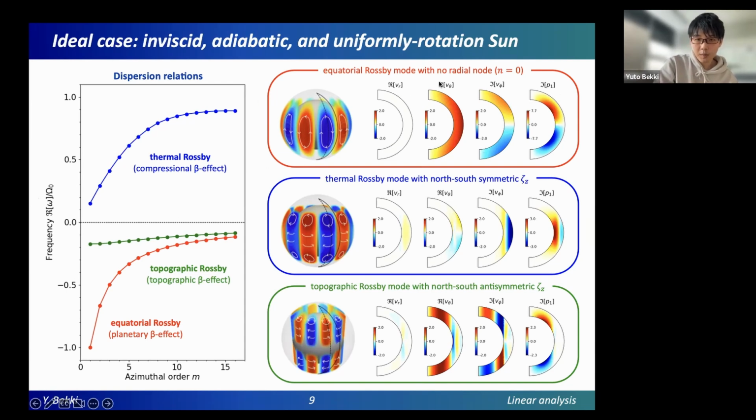So the equatorial Rossby modes with no radial node, the n equals 0 mode, are denoted by red, the thermal Rossby modes by blue, and the topographic Rossby modes by green. And yeah, that's the expected result.